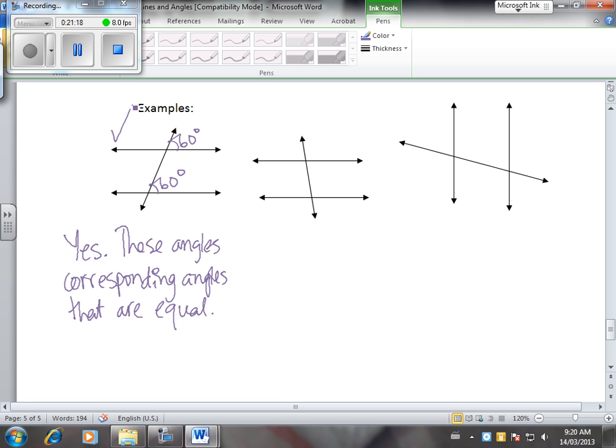Then we have, if we look here, 93 degrees, and this is 85 degrees. So remember that these would be called consecutive interior angles. They have to equal 180 degrees. So let's see, 93 degrees plus 85 degrees equals 178 degrees. Okay, so 178 does not equal 180 degrees.